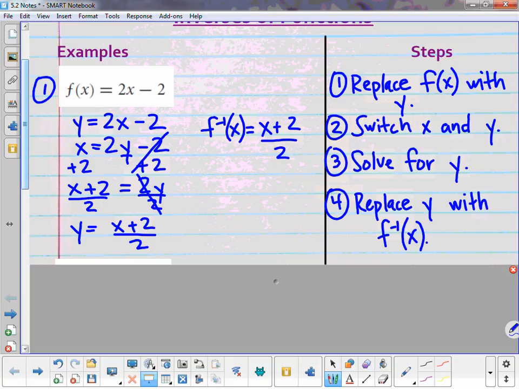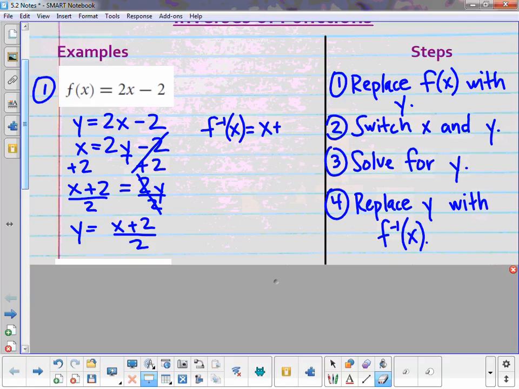Now, probably a lot of you would want to simplify this by dividing out the 2's. So then you might think the answer is x. But that is not the case because we are actually dividing the 2 by 2 and the x by 2.